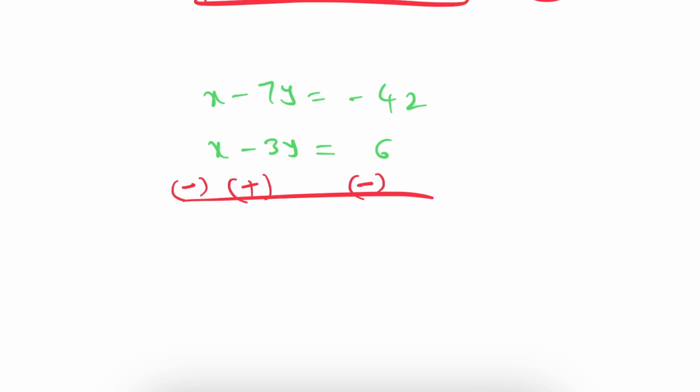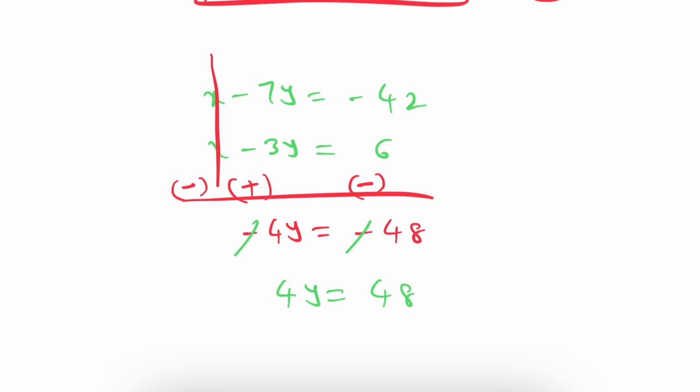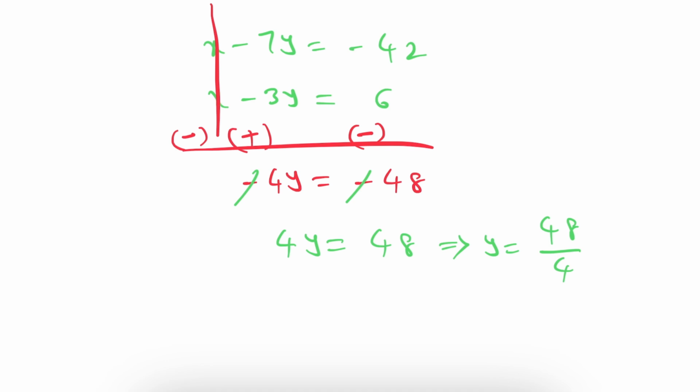So here plus X minus X cancel, minus 7Y plus 3Y is minus 4Y equals minus 42 minus 6, minus 48. Negative signs on both sides cancel, remains 4Y equals 48. From this, Y equals 48 by 4. 48 by 4 is nothing but 12. So Y is 12.